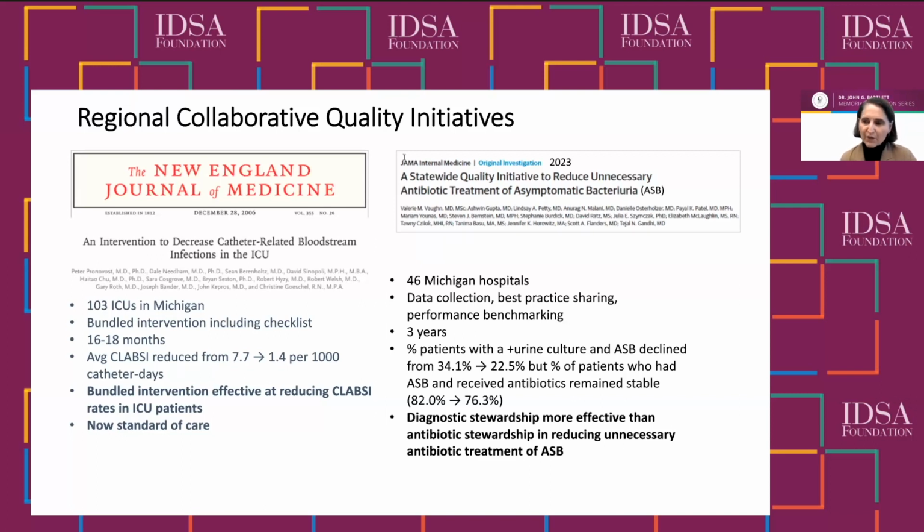And their conclusions were that it was easier to convince providers not to order an unnecessary urine culture than it was to convince them not to treat the bacteriuria once it was detected, even if it was asymptomatic and it didn't need to be treated. So diagnostic stewardship more effective than antibiotic stewardship here. And again, in this initiative, reducing unnecessary antibiotic exposure should reduce antibiotic resistance. So sort of an indirect effect. Next slide.